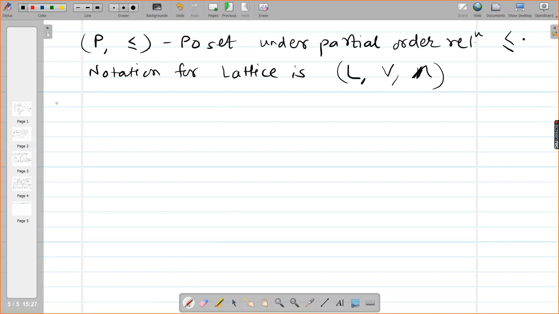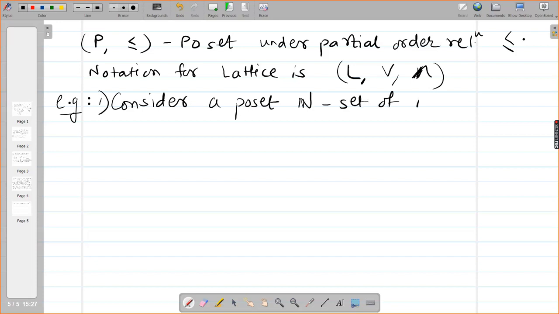Now we will write quickly the examples which we have written so many times. First one, consider a poset N, set of natural numbers, under the relation divides.